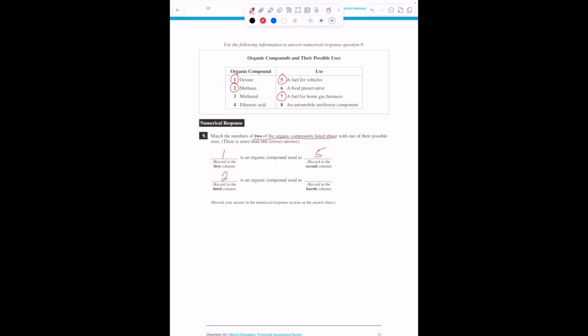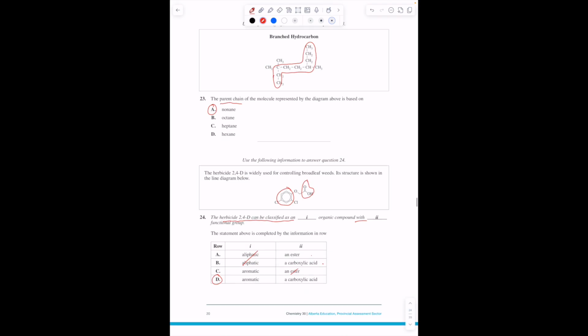So 2, 7. That's pretty easy. 1, 5, 2, 7. Now there could be lots of other answers too, like methanol is used as antifreeze, you know, for like ethylene glycol or automobile coolant. So you could have 3 and 8. It looks like there could be lots of answers here. I'm just curious.